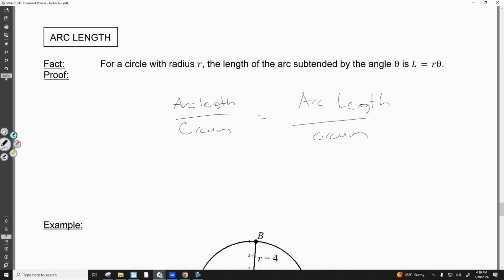We defined for a unit circle that the arc length is really like the radian measurement. The circumference is 2 times pi times 1. Well, if we have another circle with a radius r, then its circumference is 2 pi r.